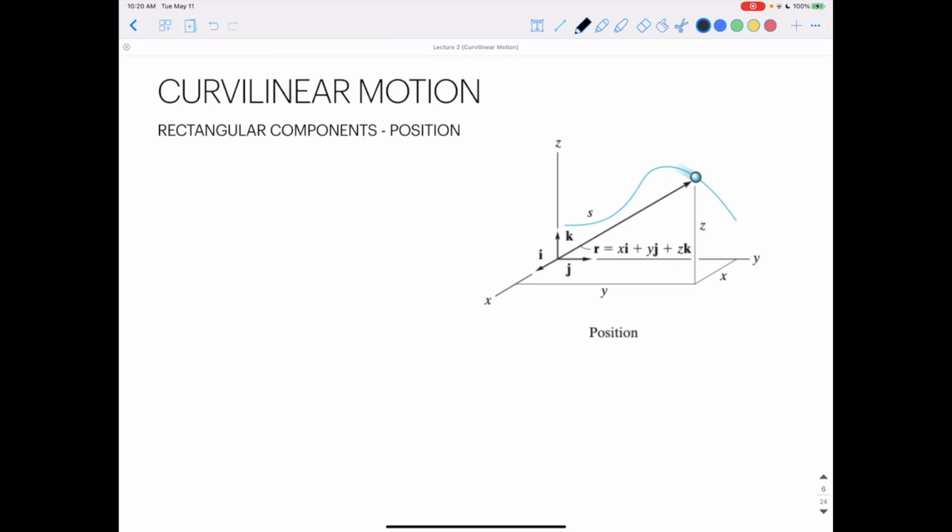or Cartesian components. So how we do this is typically we'll write a vector in its x, y, z components, which are rectangular components, and they're always relative to a fixed reference frame. So here we have x, y, z as our fixed reference frame.